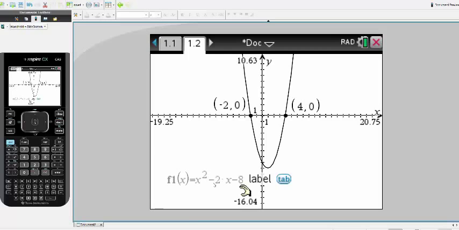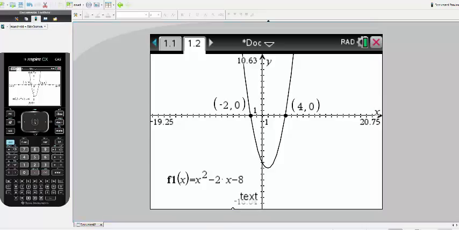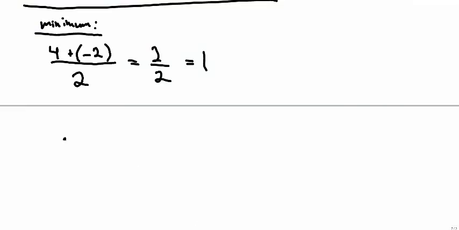Now if we look at this, we see that x value is 1. If we don't have a calculator, how do we find the y value? Well, we just put in x is equal to 1 in our function. So f of 1, what do we get?